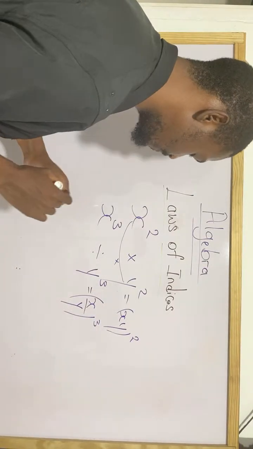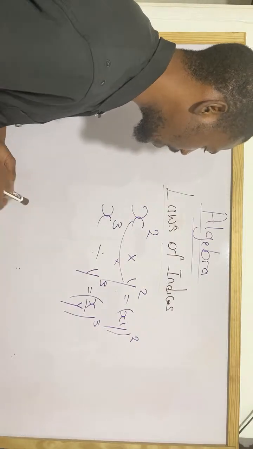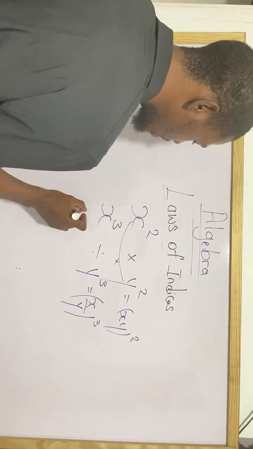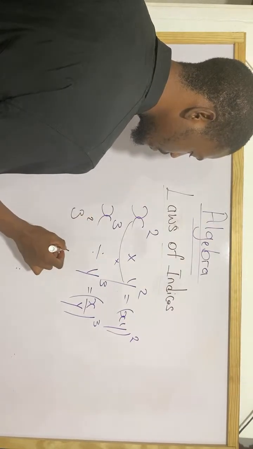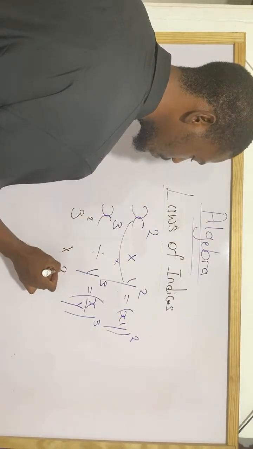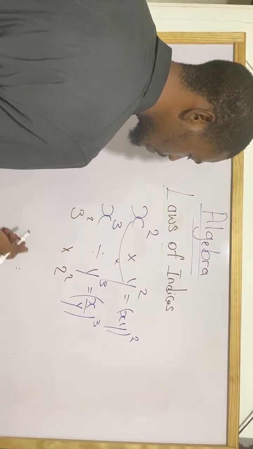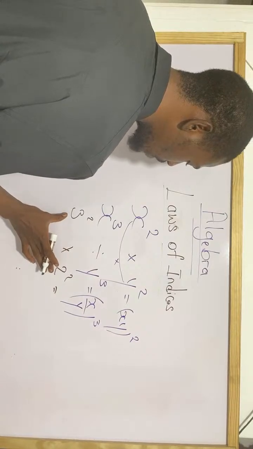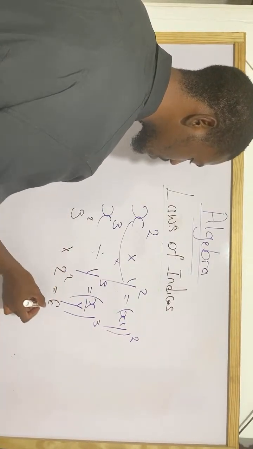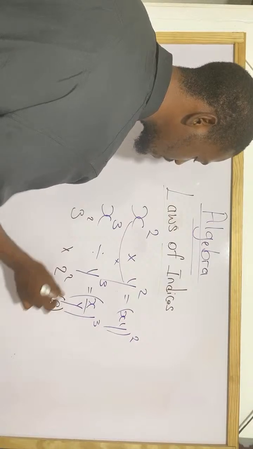Let's look at that. Say for example that x again is 3, and we're saying that it is squared, multiplied by, let's say y is 2, which is also squared. If the rule is that we can multiply these two, which will give us 6, and then rewrite the 2.